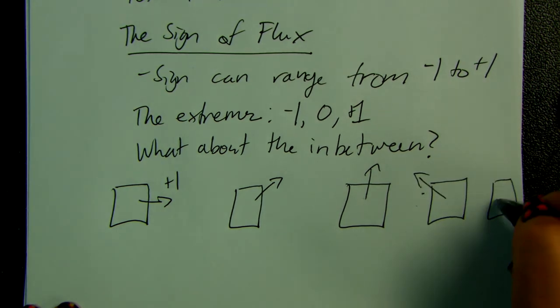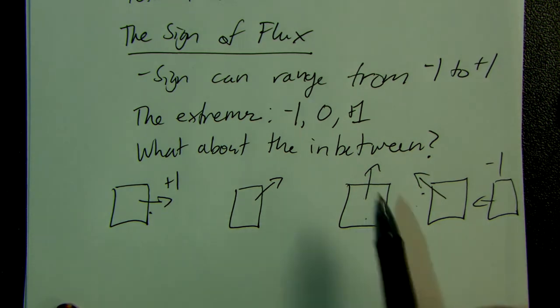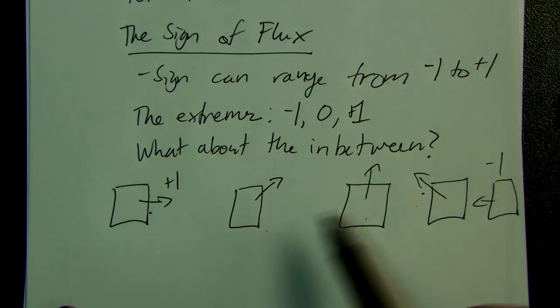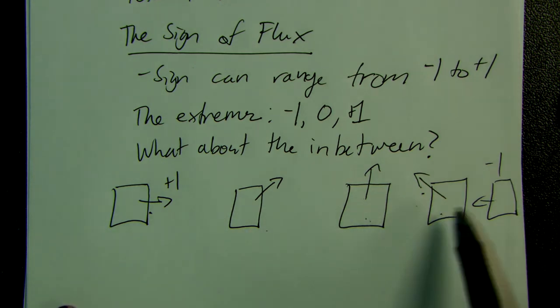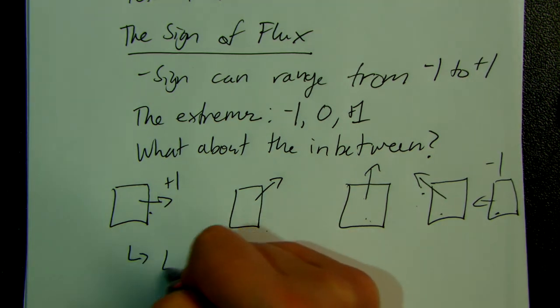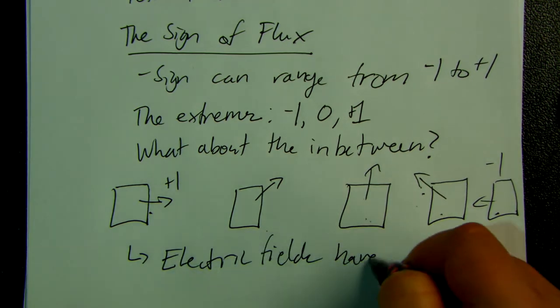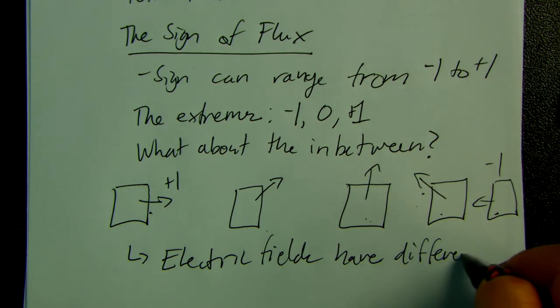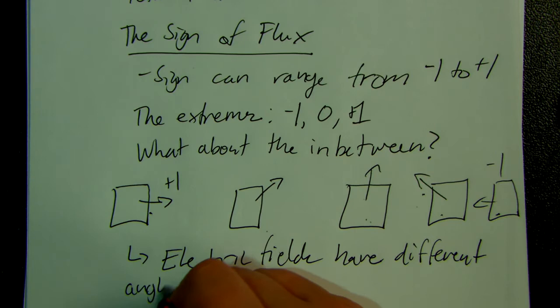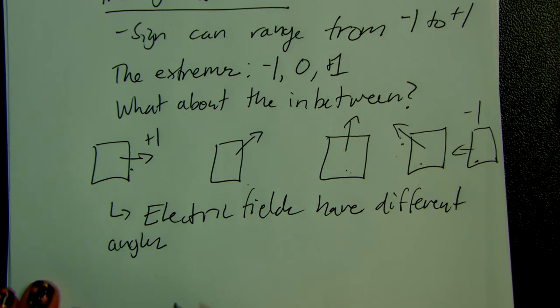We're just moving from plus to minus, where this is parallel, so this is 0. So this is a little less positive to 0 to a little less negative to a fully -1. What we can see here is that electric fields have different angles. And what this is building towards is giving us the relationship between the angle of the field and the flux.